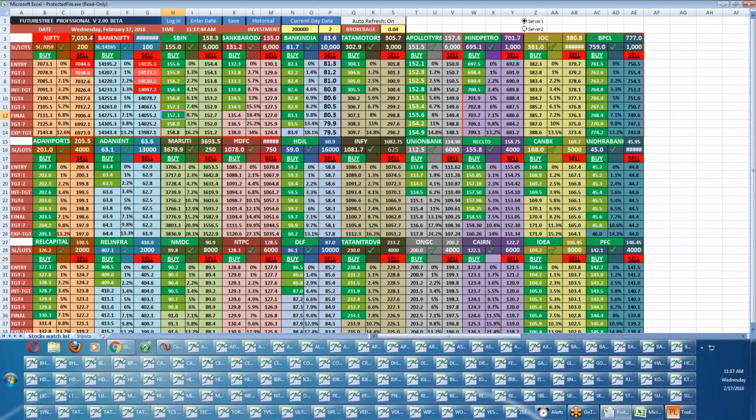So 158.50 minus 155.60. So that's around roughly 3 rupees. 3 into 2000 is your lot size. That's around 6,000 rupees on SBI.